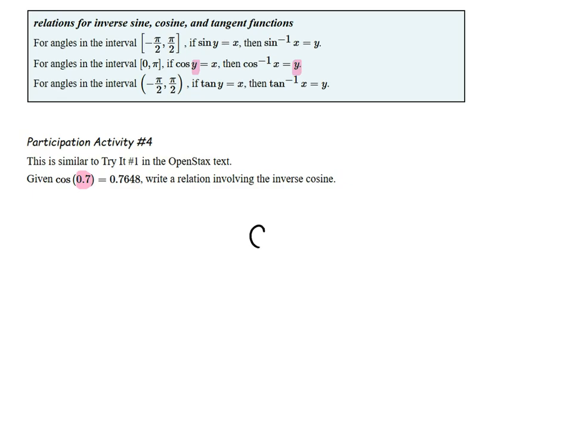So it's going to be cosine -1 of x should equal y when you're given cosine of y equals x. So again, I put 0.7 here, now it's going to go there. And the x is here, which is this number, is going to go there.